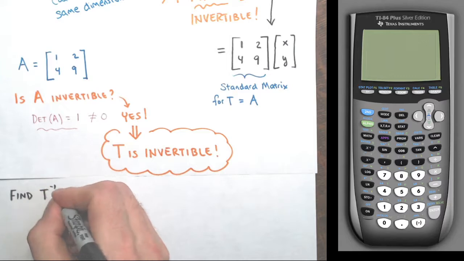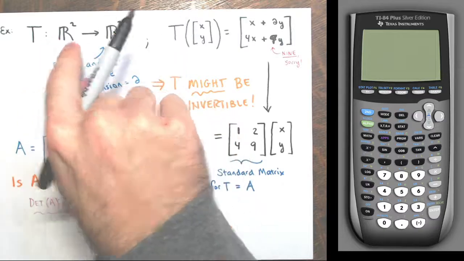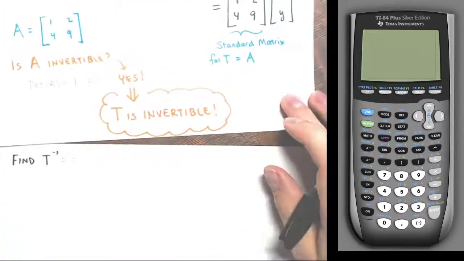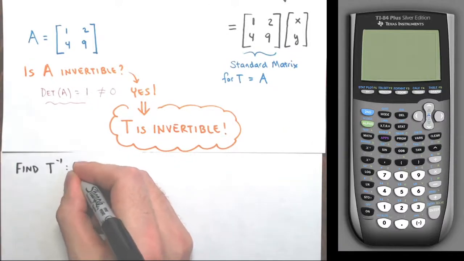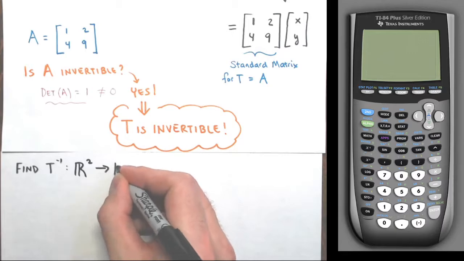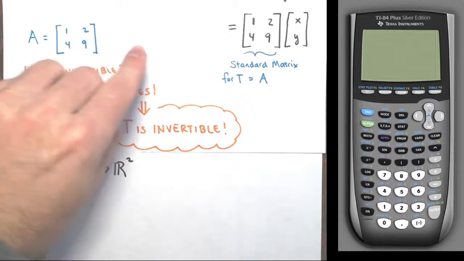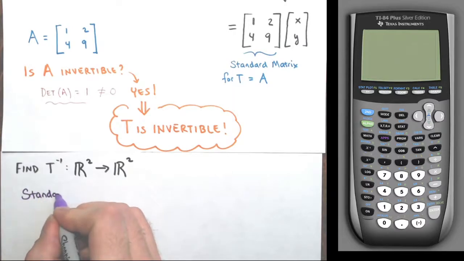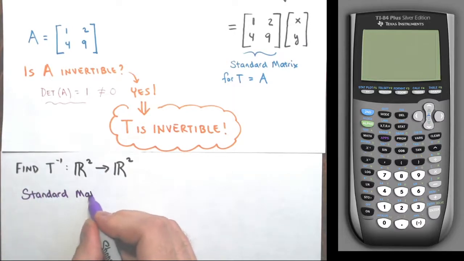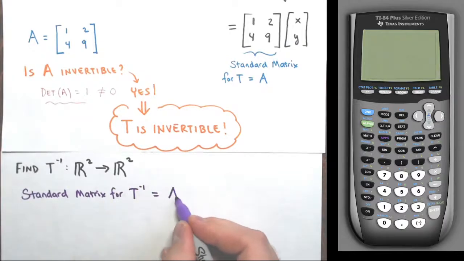Now T went from R2 to R2, so T inverse is just going to be from R2 to R2 as well. We have A is the standard matrix for T. So very simply, the standard matrix for T inverse will be A inverse.